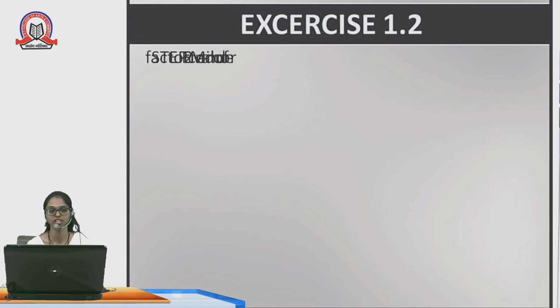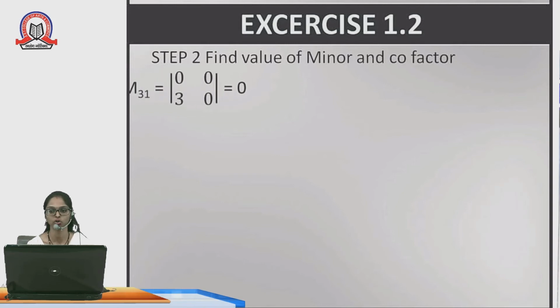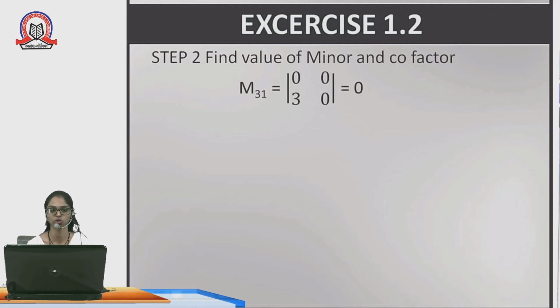Now next one is step 2. Find the value of minors and cofactor elements. Then the last row, that is M31, third row and first column element. Delete the third row and first column elements, then take the determinant of the remaining elements, we get the answer 0.